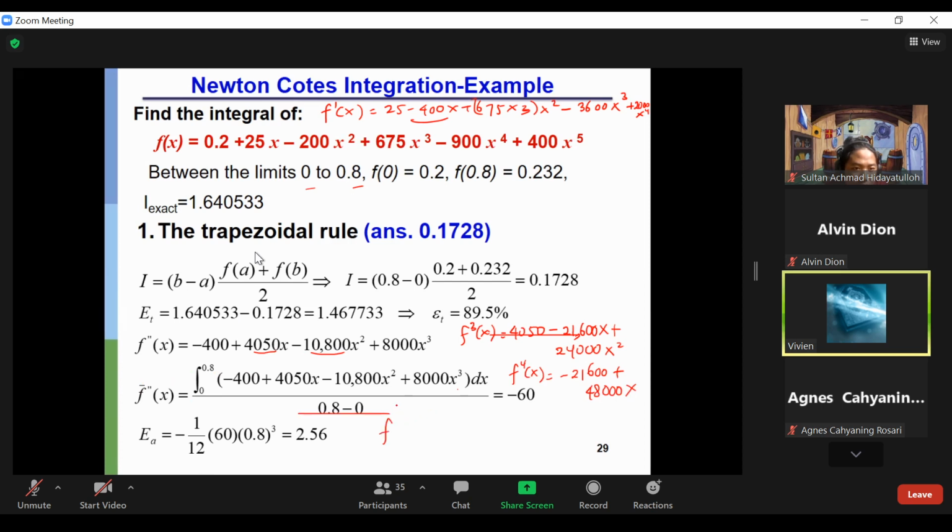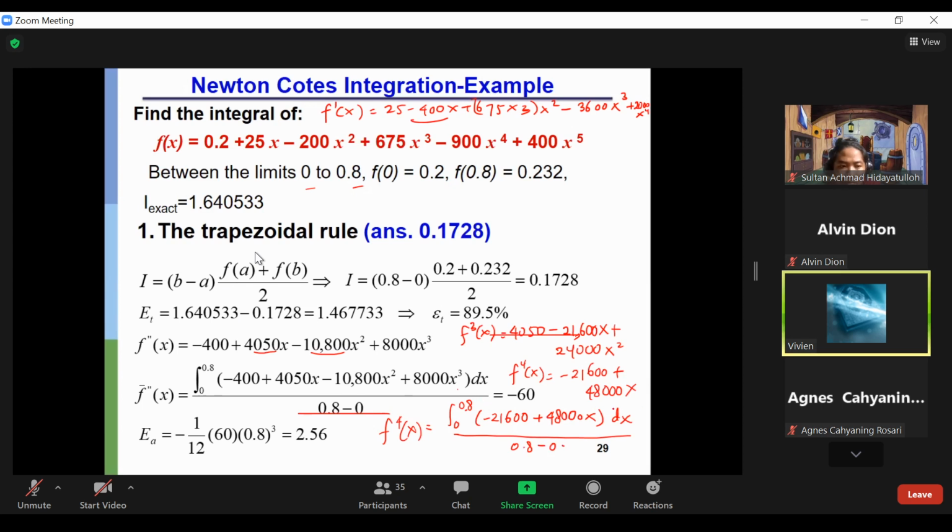So we can find the average of the fourth derivative in the interval, from 0 up to 0.8, where the function is minus 21,600 plus 48,000x, and we do the integration up to dx, divided by 0.8 minus 0.